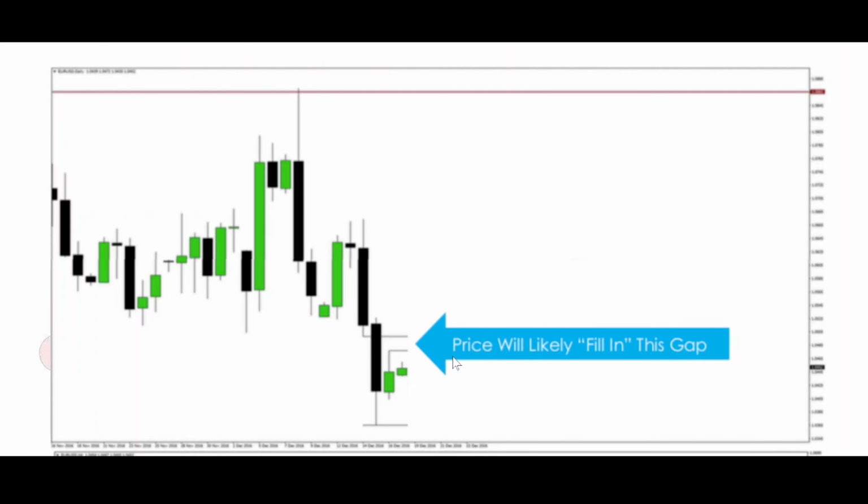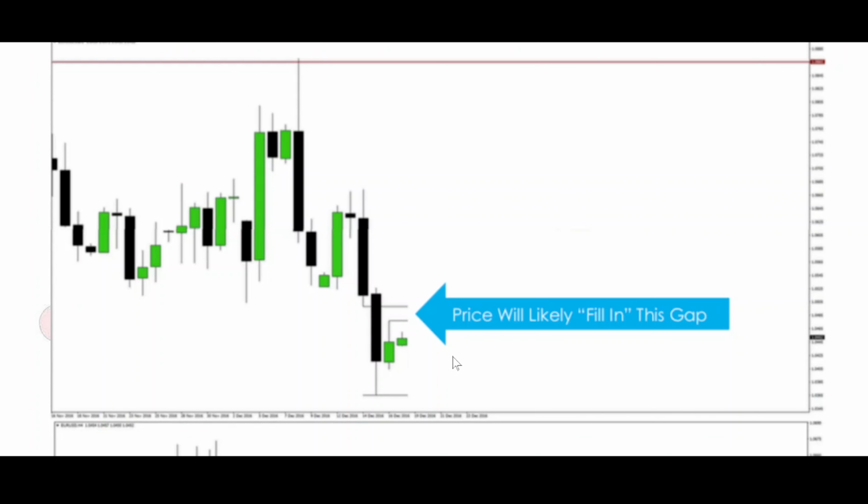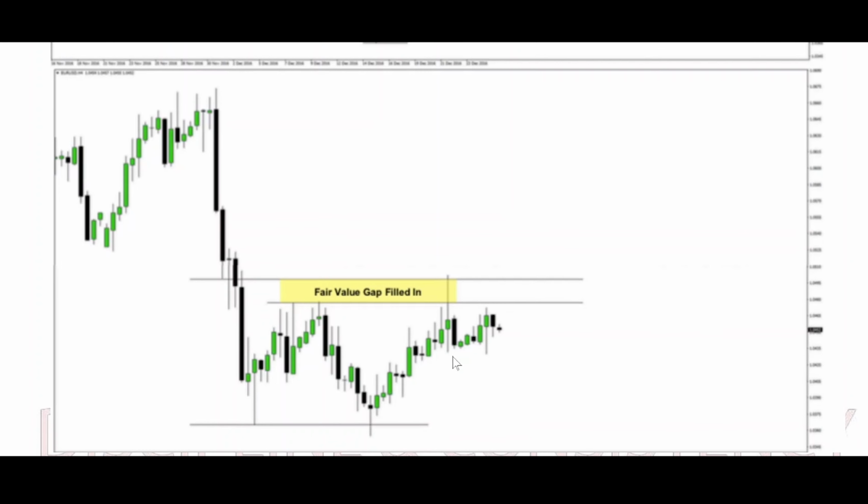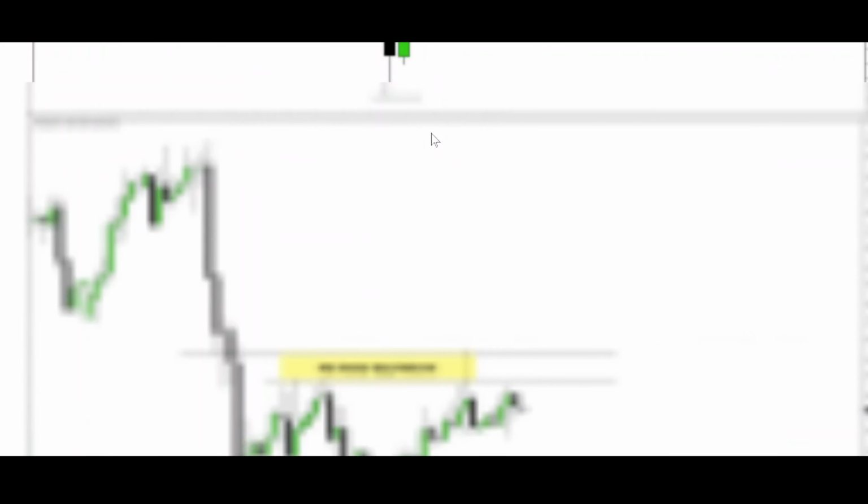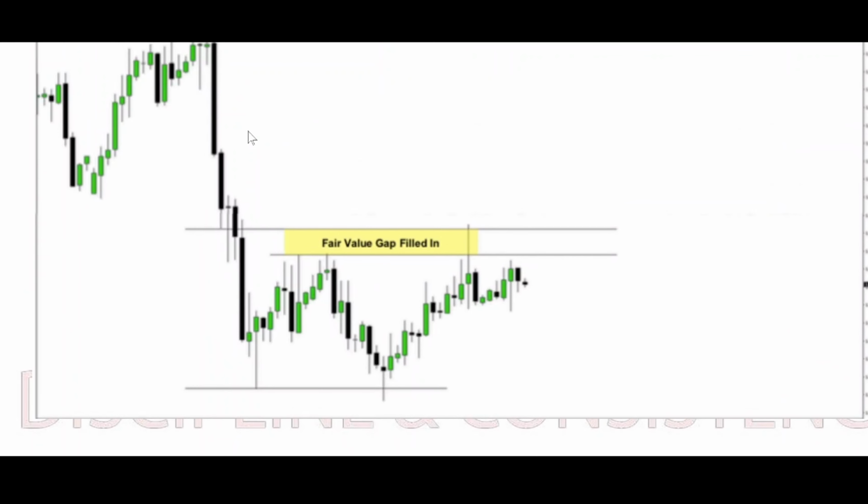That's what we call a fair value gap, and we expect price to always come and tap into that fair value gap. In the same place, you can clearly see the gap from a higher time frame, and on a lower time frame this is how it looks, and price came all the way to tap into that gap which has been filled.